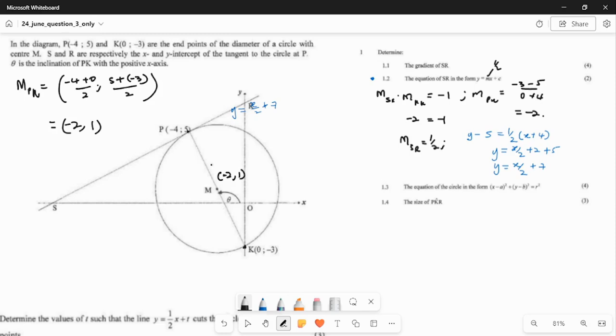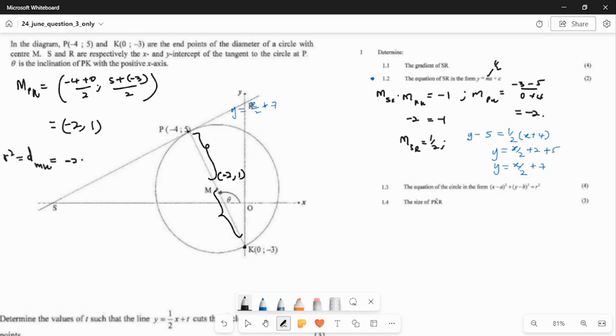Now let's find at least our radius. We can use this distance or this distance. Either one you choose, we should find the same value of r. So in my case, I'll select MK. So for r squared, I'll use the distance of MK.